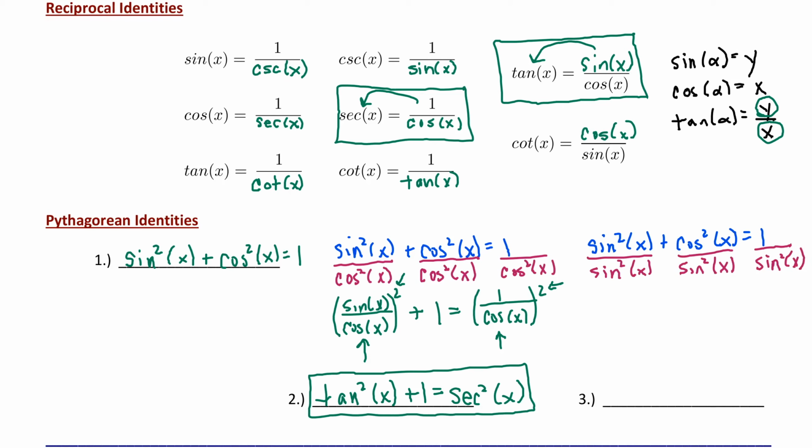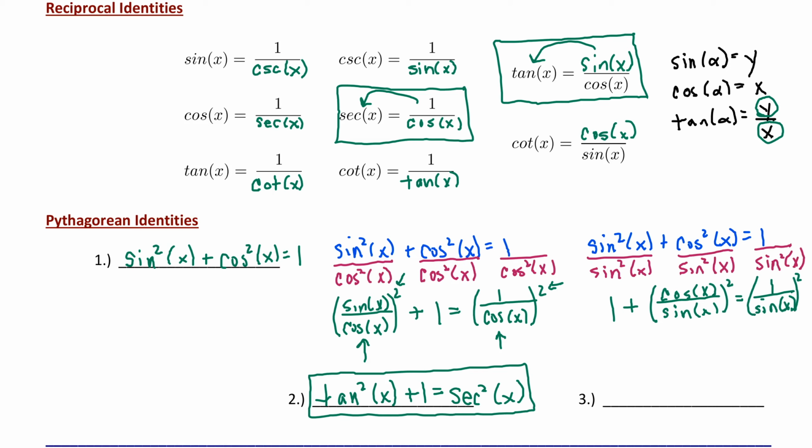Though the simplification may be obvious at this point, to show you very clearly, we can of course reduce that first term to 1. We can rewrite the second term as the ratio cosine of x over sine of x quantity squared, and we can rewrite that last term as the fraction 1 over sine of x squared.